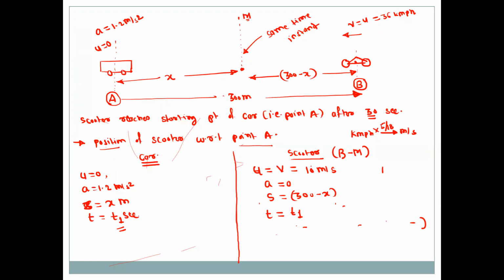So time taken will be the same. To cover A to M distance, time is t1 for the car, and to cover B to M distance, time will be the same, it will be t1.